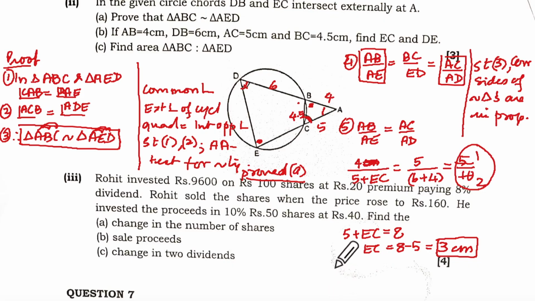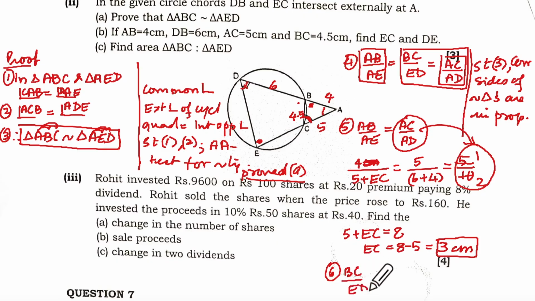We come to sixth one. I need DE, which means I need BC upon DE. BC upon DE is here. So can you see AC upon AD is known as half. So now I will write these two. So you will write now BC upon ED is equal to AC upon AD.